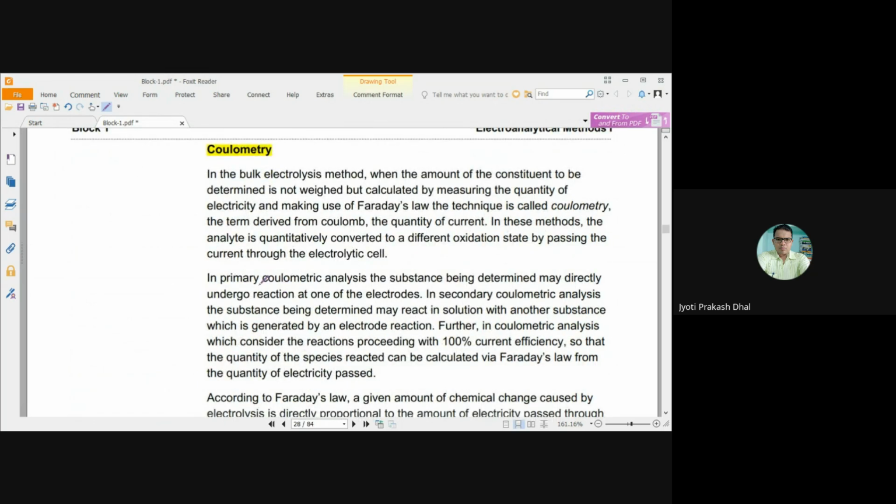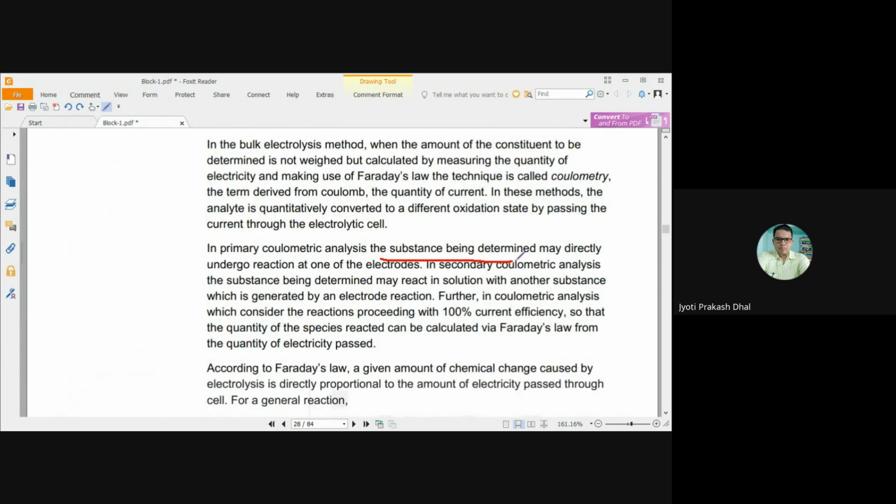Now coming to the next one, coulometry. In primary coulometric analysis, the substance being determined may directly undergo reaction at one of the electrodes, and in secondary coulometric analysis, the substance being determined may react in solution with another substance which is generated by an electrode reaction.